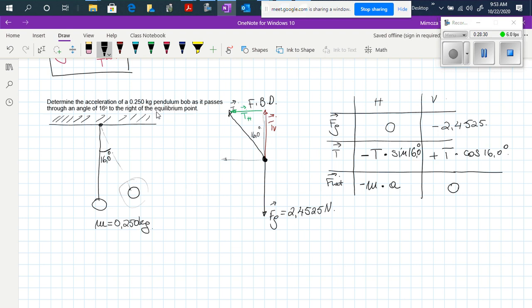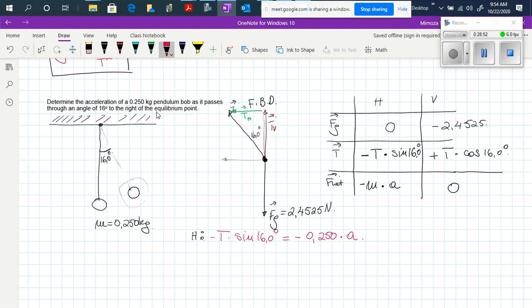So from the horizontal component we have negative tension times sine 16 is equal to negative 0.250 times acceleration.